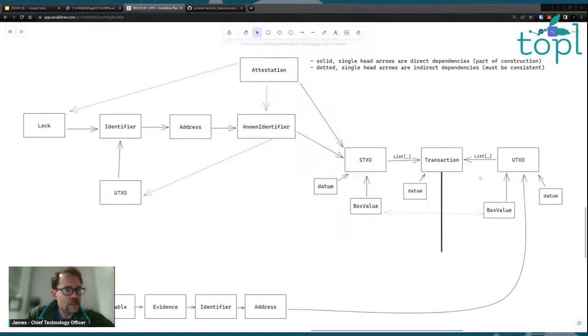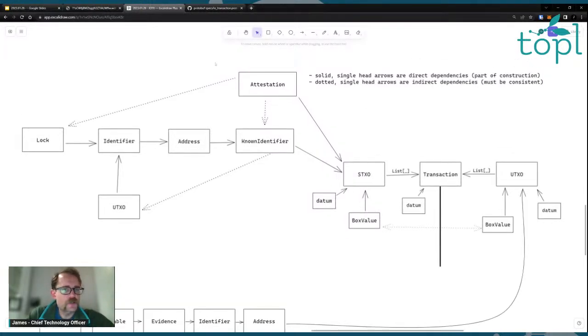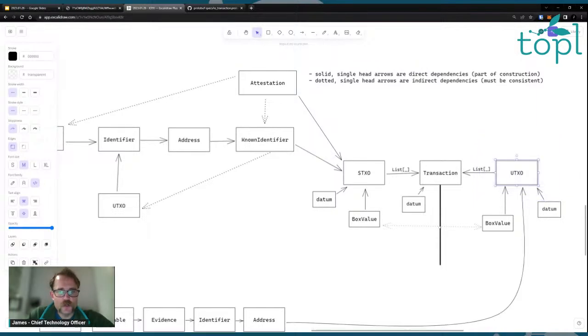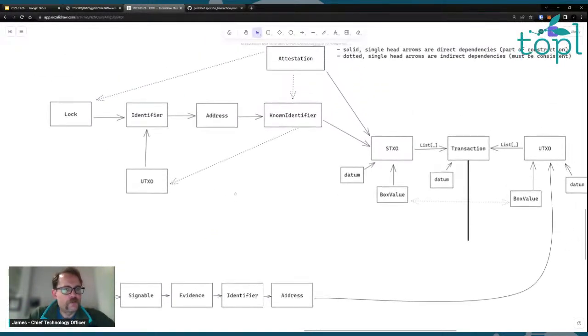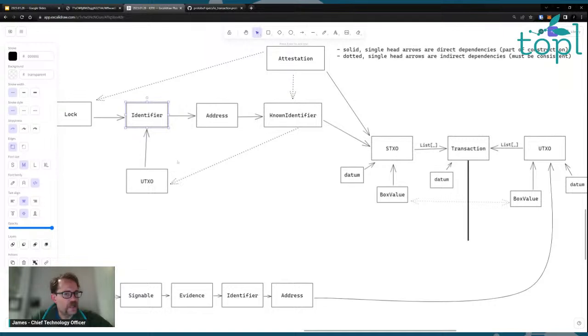All right. So it's all this other stuff around that's interesting. To make a UTXO, you need this thing we call a box value and a datum and an address. But to make an address, you need all this stuff. And you can see it's mirrored up here as well, right? You need an address, an identifier, and identifiers come from UTXOs.